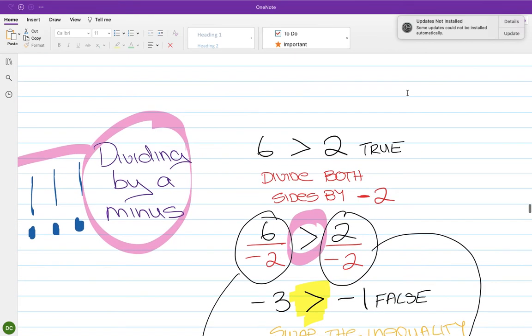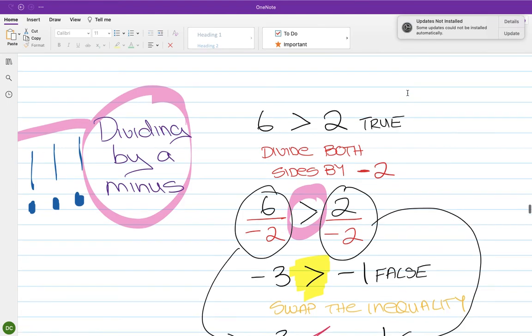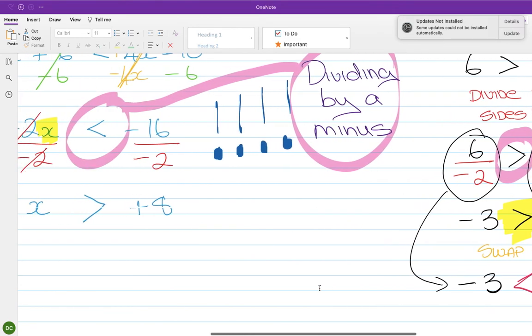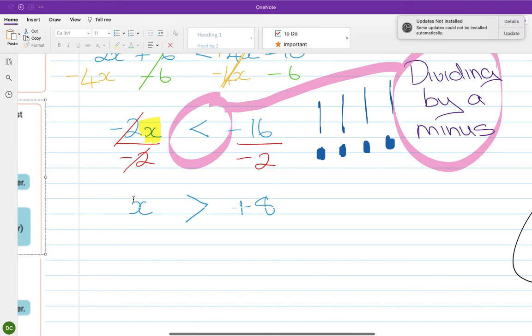Otherwise, you'll have this false situation over here. If you simply do the division by the negative number and don't switch the sign, your inequality is not true anymore. You must do the division and switch the sign, and then your inequality is true. Okay? So I did the division, and I swapped my sign.